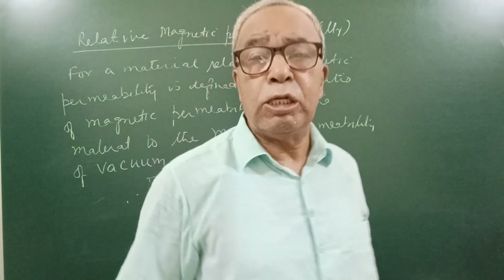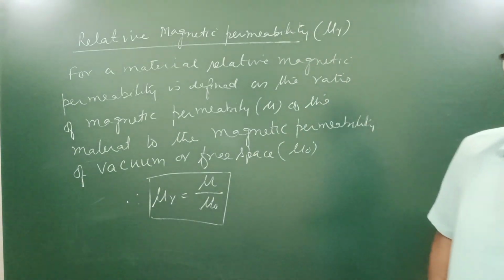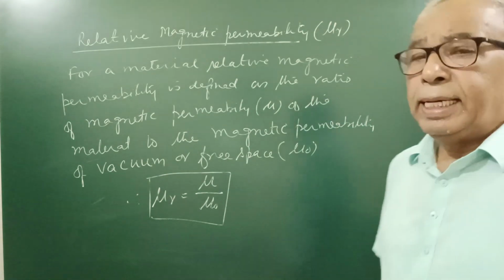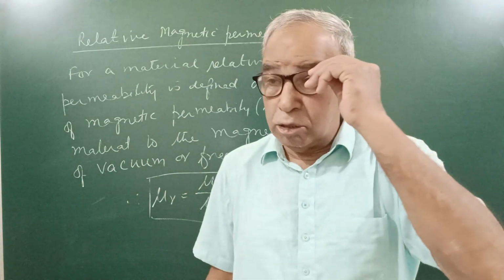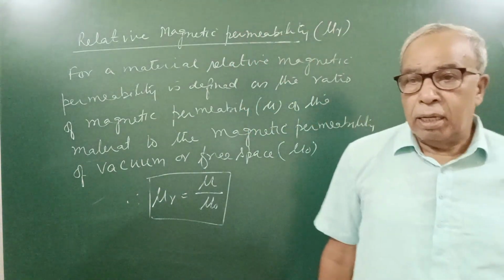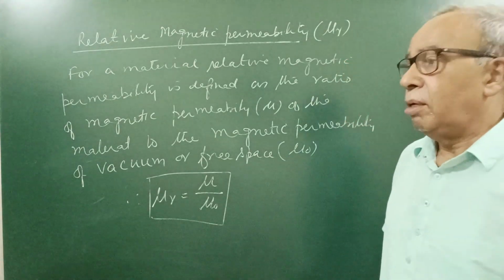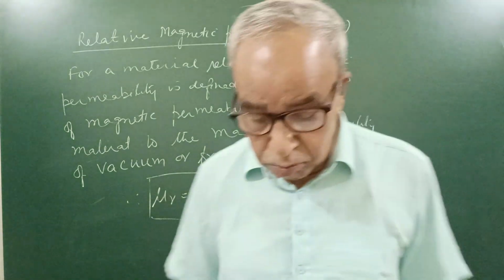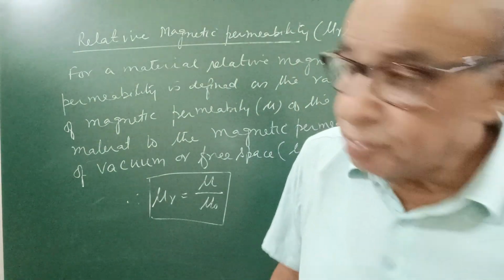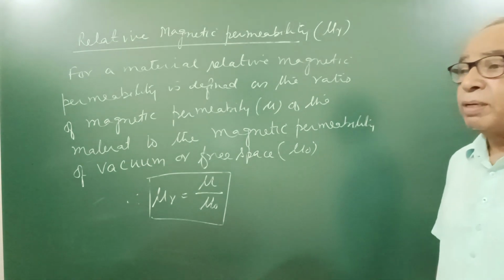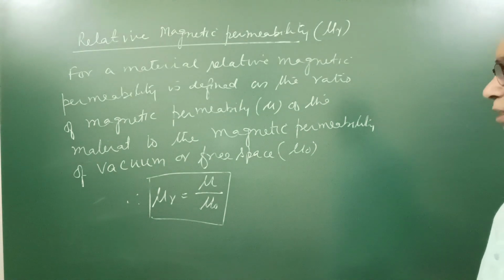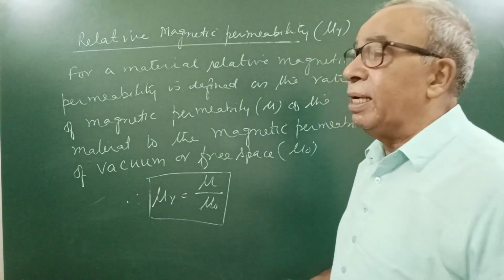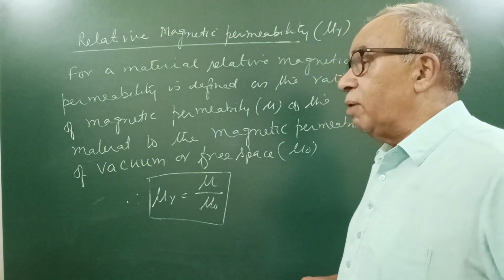Empty space means where there is no material, and a magnetic field can exist in vacuum also. An electric field can exist in vacuum also. The ability of an electric field to exist in vacuum is called electrical permittivity. Remember, these two fields, magnetic field and electric field, can exist in vacuum.